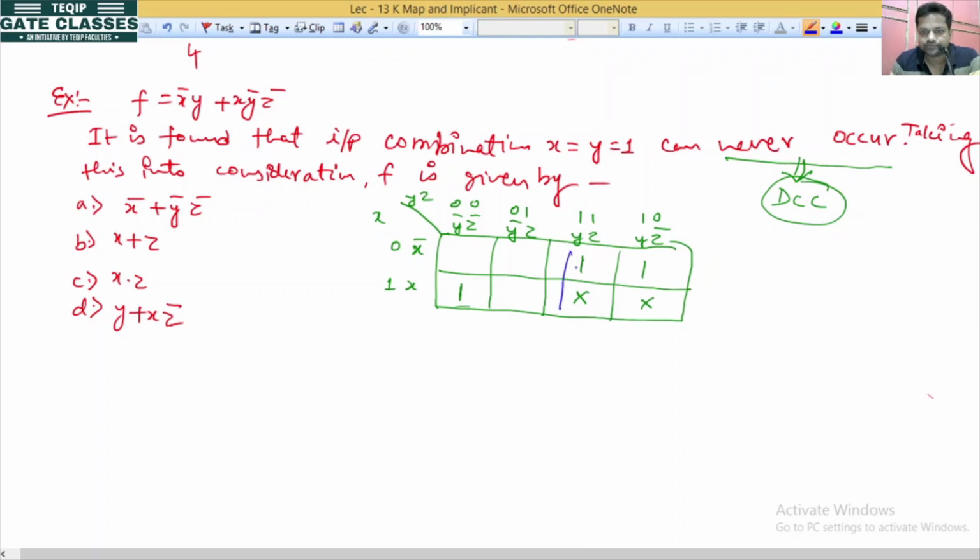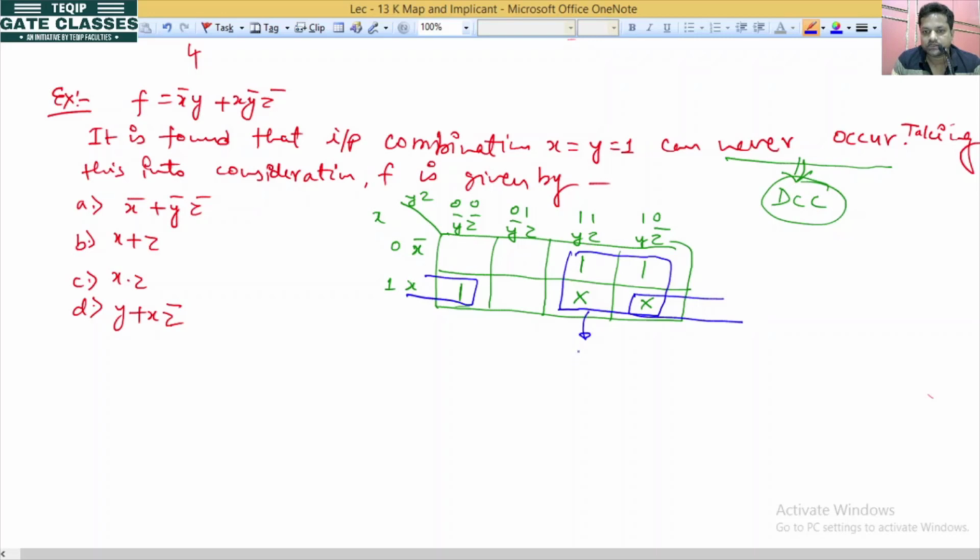Okay, now I will go for the grouping. If you perform grouping, then you have to group this one, and I already told you this can be grouped with this one. Any left side cells can be grouped with right side cells. So what will be the value of this? What is common? Nothing is common.